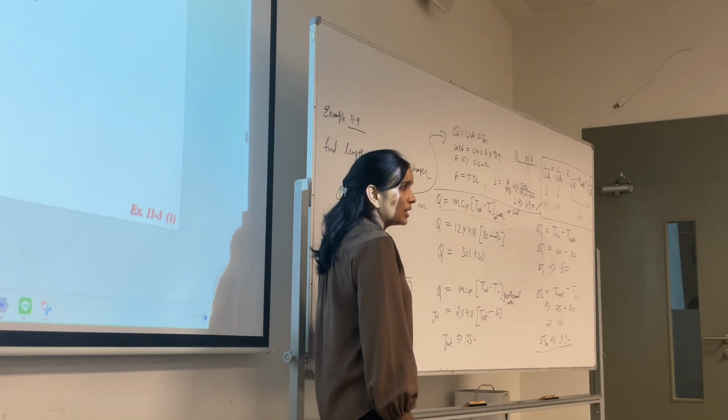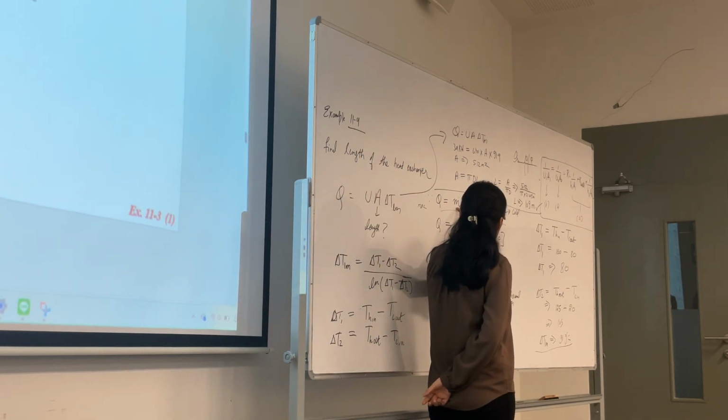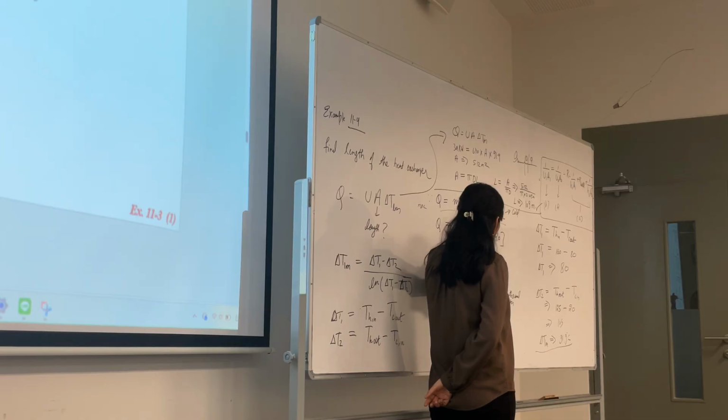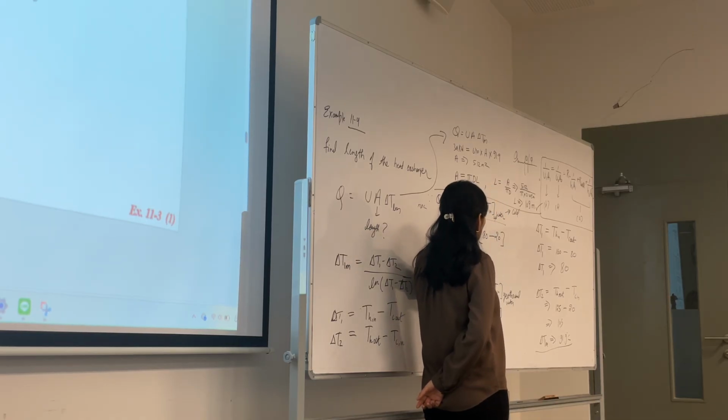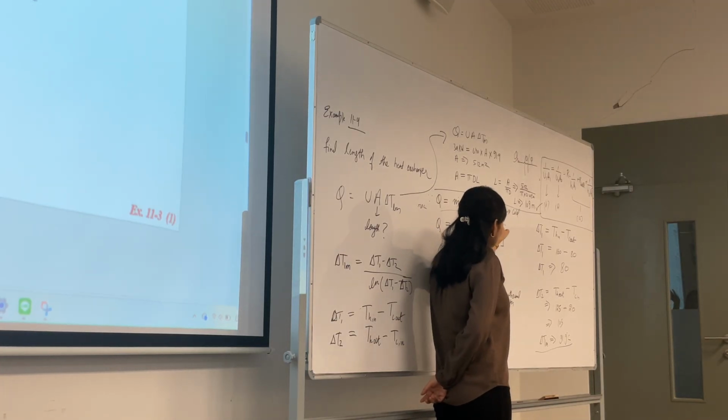This is the heat transfer rate in that one pipe. M is mass flow rate, Cp is the specific heat for the water. So the temperature difference is only going to be for water. Okay? T out of water, T in of water.